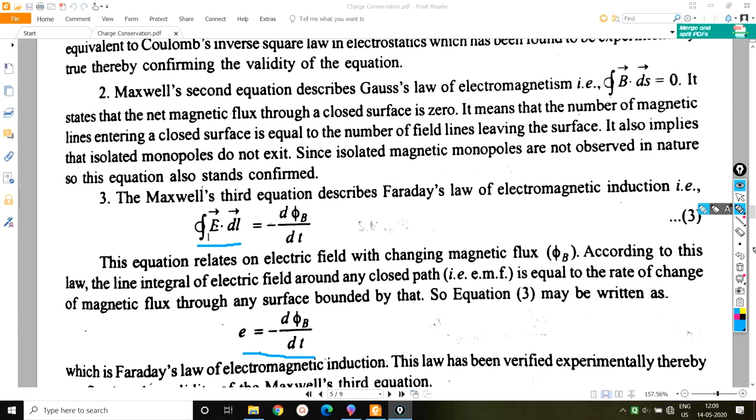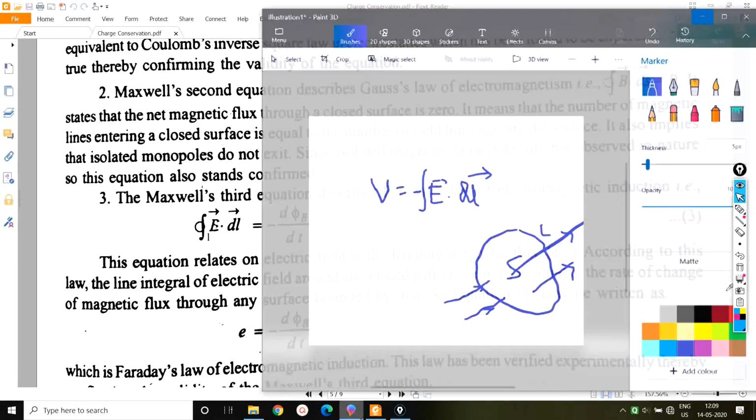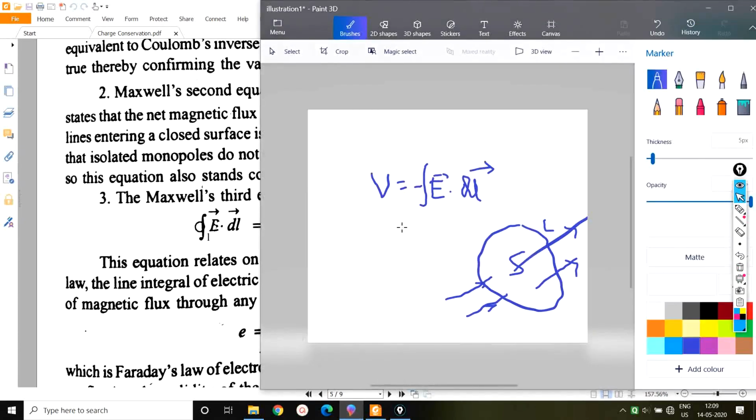To understand this, we go to the diagram. In your electrostatics chapter, you will find that electric field is linked with electric potential. This E means electric field and this V means electric potential, by the relationship V equals negative integration of E dot dl.